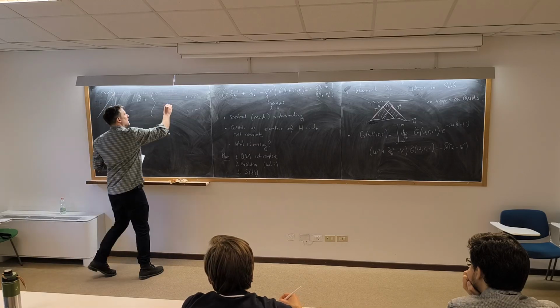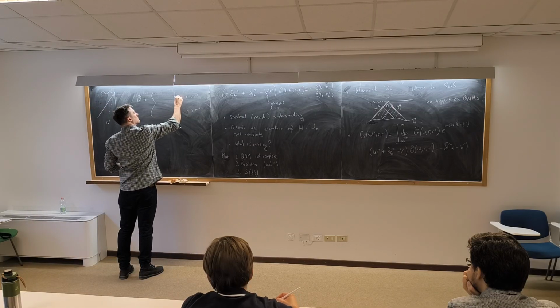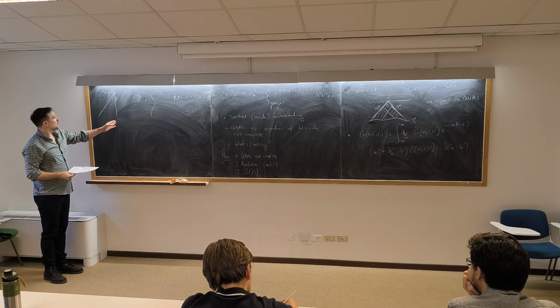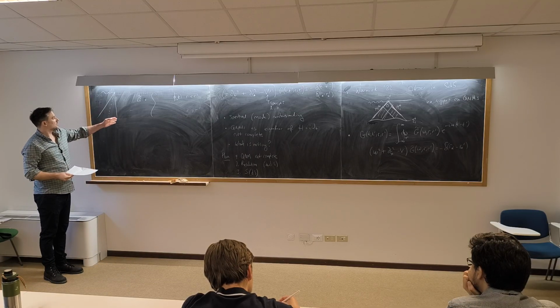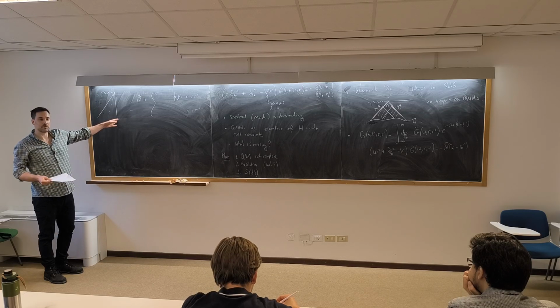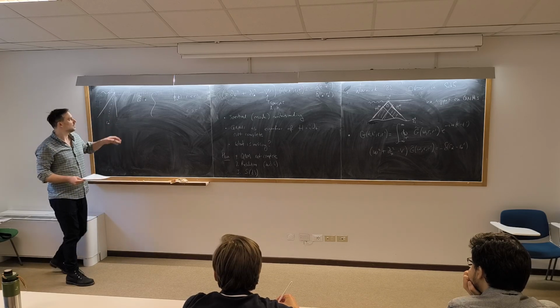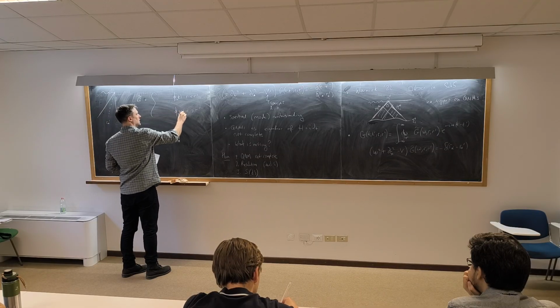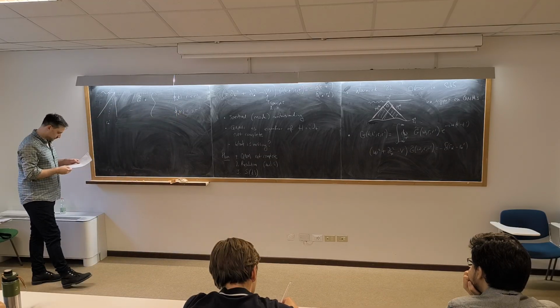So for r less than r prime, the solution is going to be an ingoing solution, a function of r. For r greater than r prime, we're going to be over here, looking at Dirichlet boundary conditions, in other words, normalizable boundary conditions in the context of the CFT. So this is going to be a normalizable solution, which I'll denote by n for normalizable.